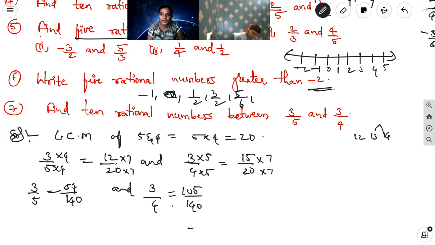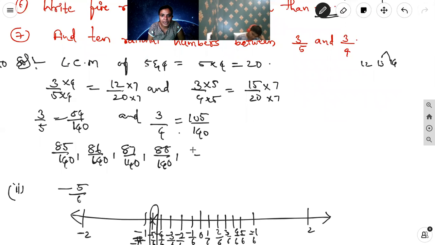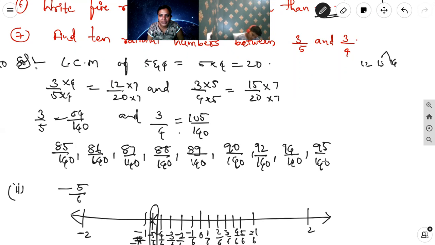84 to 105. How many are there between? 85 by 140, 86 by 140, 87 by 140, 88 by 140, 89 by 140, 90 by 140, 92 by 140, 94 by 140, 95 by 140, 96 by 140, 97 by 140.